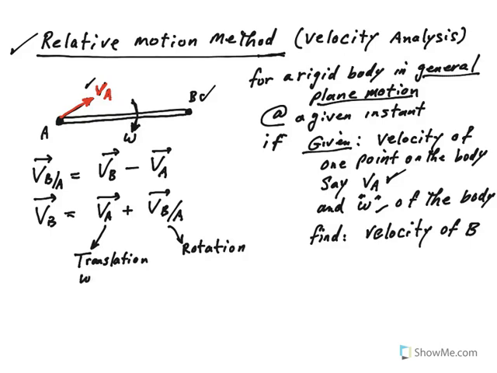So this is translation with respect to A, and this is rotation about A. When you add these two, what you get is absolute velocity of point B, and that's what we want.